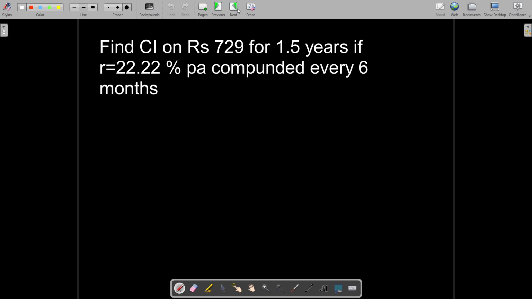This is a question to check what you have learned. Find the compound interest on rupees 729 for 1.5 years if rate of interest is 22.22% per annum compounded every 6 months.